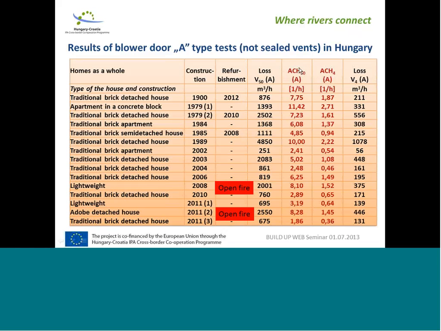And the two red bars show the air change rates in case of airtightness at 50 Pascal and 4 Pascal temperature pressure difference. In this case, there was an open fire in the building, so the high air change rate is due to the open fire.